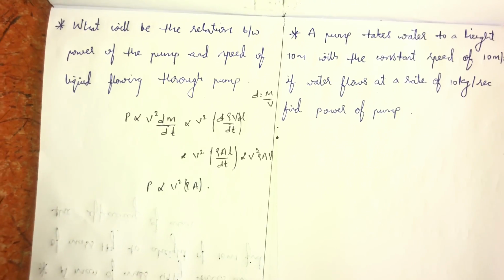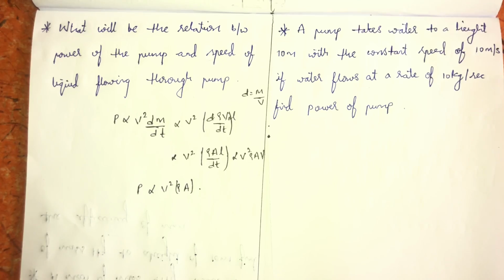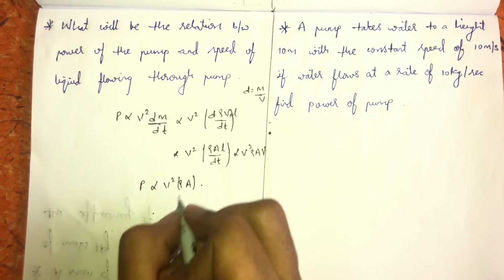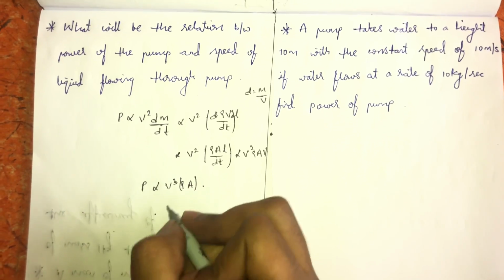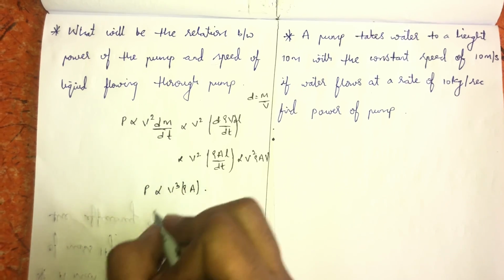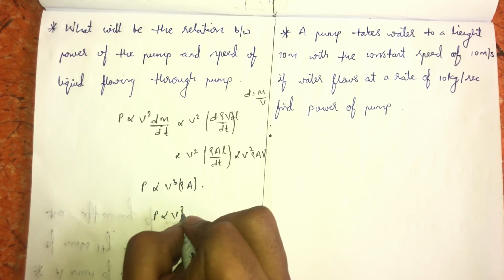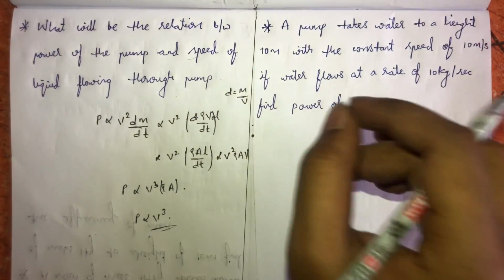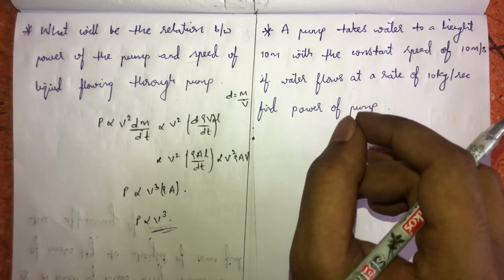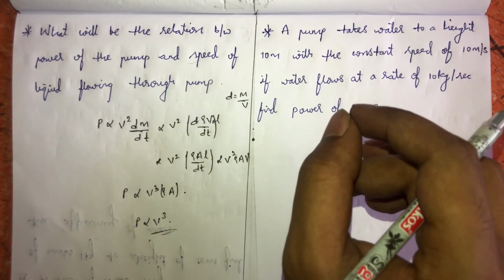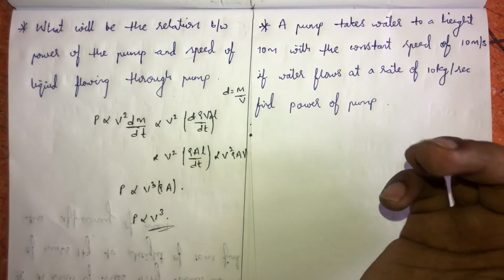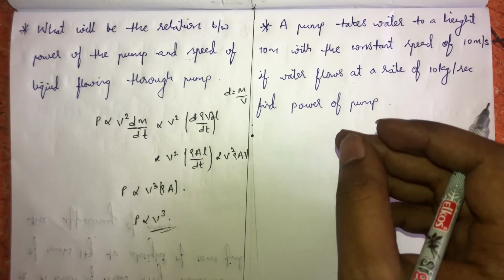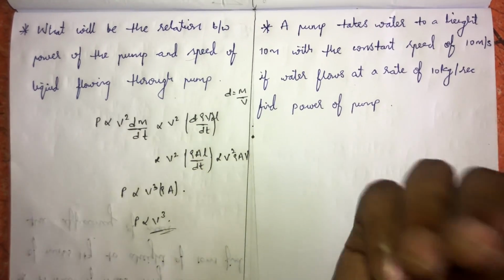So the relation between the power and the speed will be directly proportional to V cube. Sorry, V square into V will be equal to V cube. Power is directly proportional to V cube. That's clear. Finally, power will always be directly proportional to V cube, that is velocity to the power of 3, when we take mass per unit length or mass per unit time.